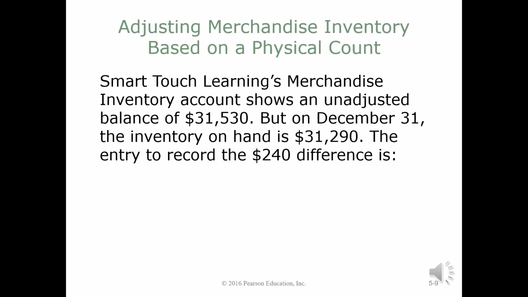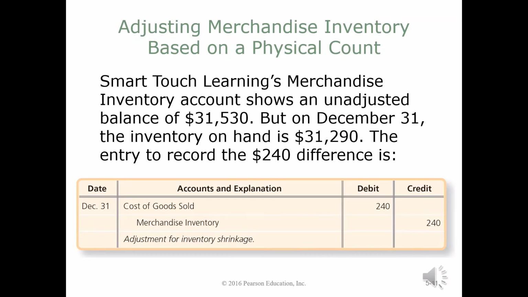Things get broken, inventory gets stolen, a lot of things happen, and sometimes we just make an error in reporting things that have arrived. It could be wrong either way, but usually our physical count will show less inventory than we have in the books. The journal entry would be a debit to cost of goods sold and a credit to merchandise inventory.